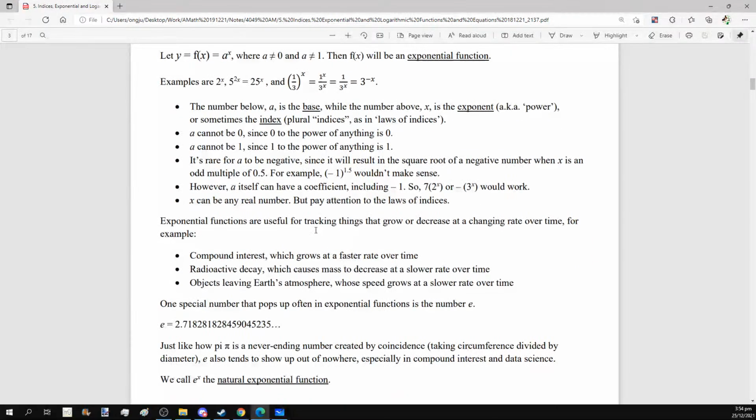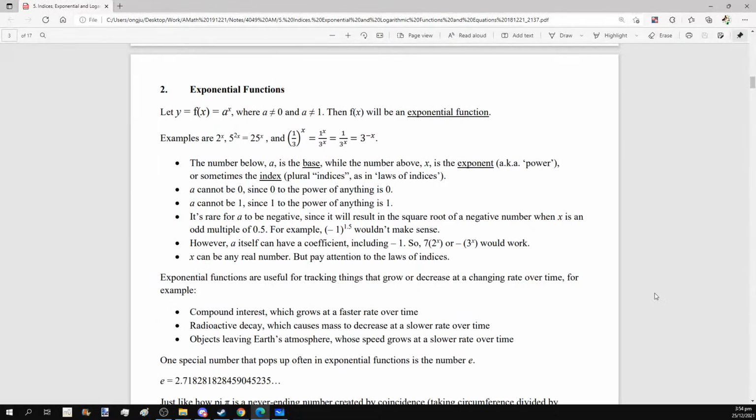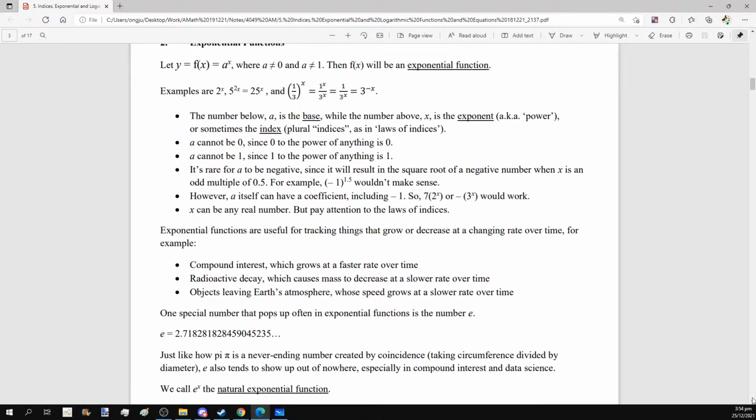Right, so aside from that, the next thing we need to recall is how exponential functions work. So for exponential functions, we will say that the function f will be equal to any number to the power of x. Any number in this case is not absolute. We cannot have 0, we cannot have 1, because 0 to the power of anything remains as 0, 1 to the power of anything remains as 1.